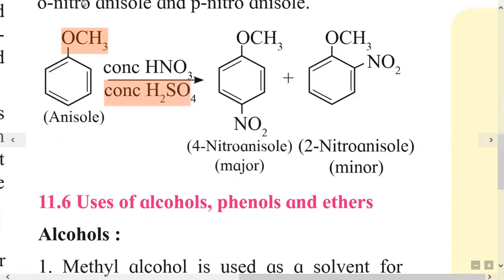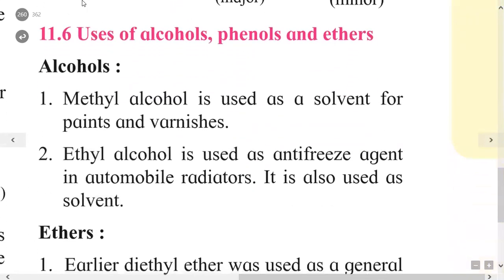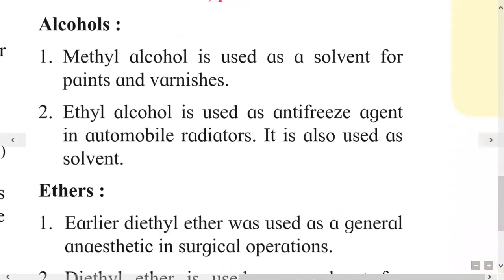But here the major product is 4-nitroanisole rather than 2-nitroanisole because of the steric hindrance. So the para product is the major product in this reaction. And that is about the electrophilic substitution reactions of aryl alkyl ether.